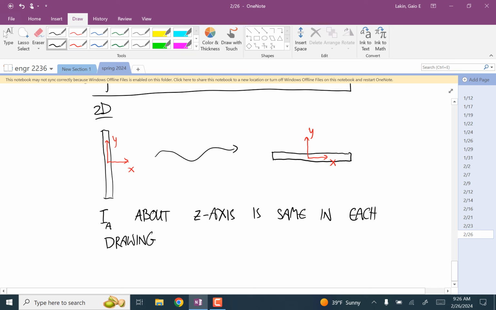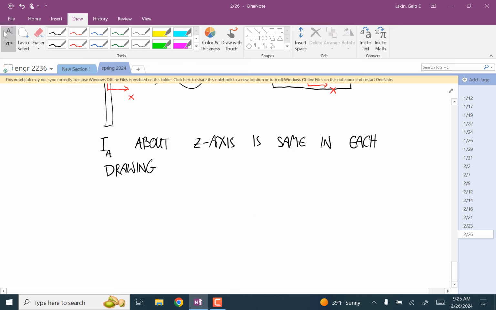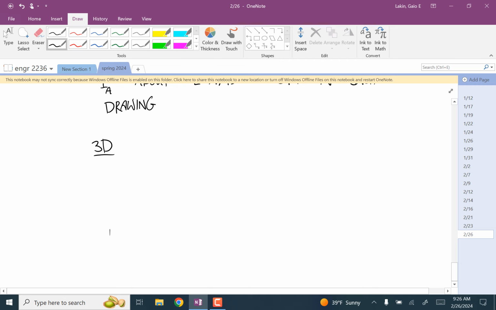Okay. But let's think about the same thing if we're doing this in 3D. So we're still going from this position to this position.